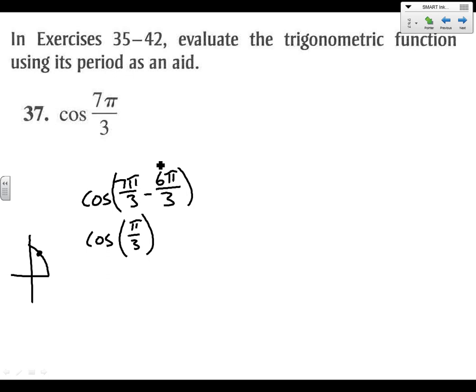Pi over 3 is up here, and so that's going to have a 1/2 and root 3 over 2. Okay, you can flip back and look at the unit circle to be sure there. But in this case, we're looking at the cosine, so we want the x value. So the cosine of pi over 3 is going to be 1/2.